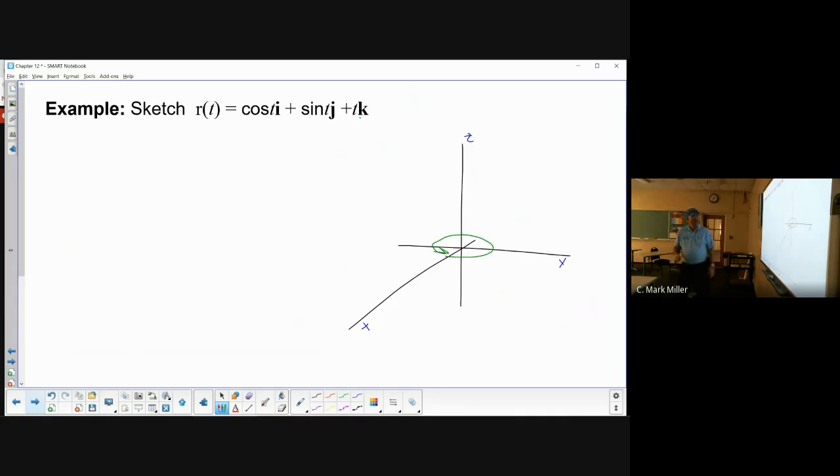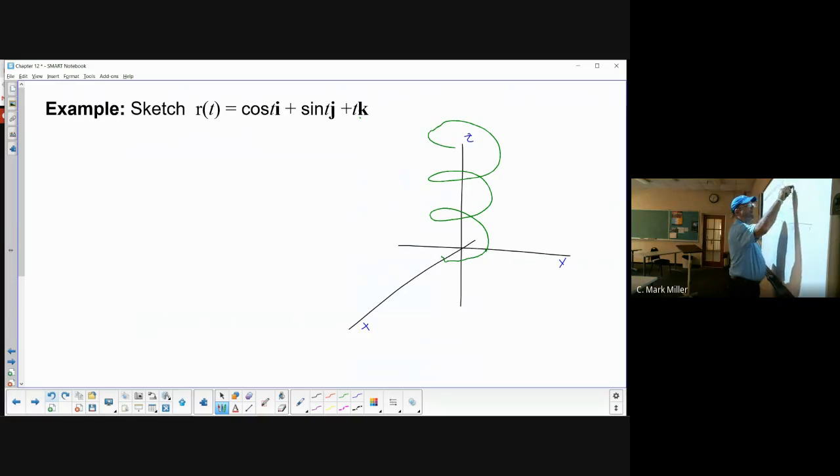Okay, so what's that going to make that circle do? It's going to turn it into a coil, a spring. Imagine that point. It's going to have the same radius. From the top, it's going to look like a circle.